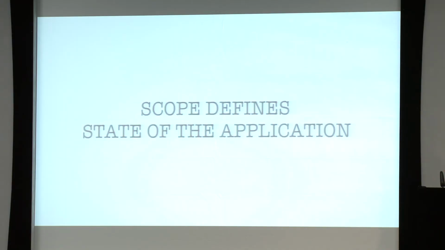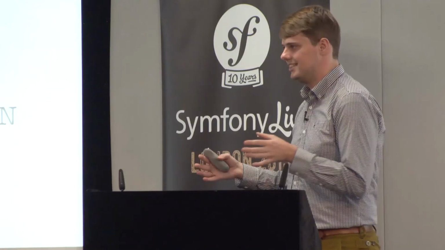The one instance of the service probably needs to interact with the main request and with the sub request. So the first implementation of this was to solve it with scopes, but that's not really a good way of solving this problem, because scope means there is a state in the application.